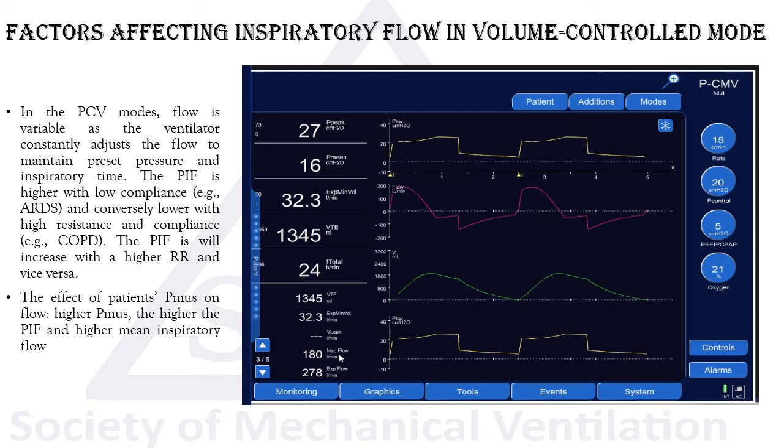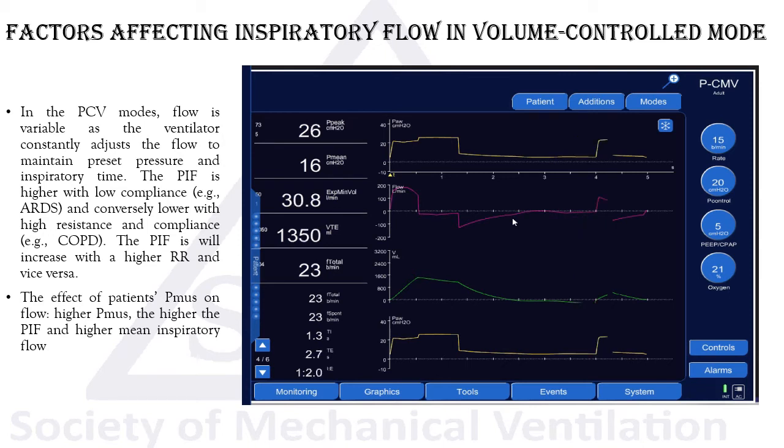Again, the inspiratory flow here went up to 180, and the inspiratory time is 1.3, again because this is a fixed I to E ratio. And we'll go back to very low effort so you can notice the difference. It will be a nice decelerating waveform here. It's not concave as it used to be before.